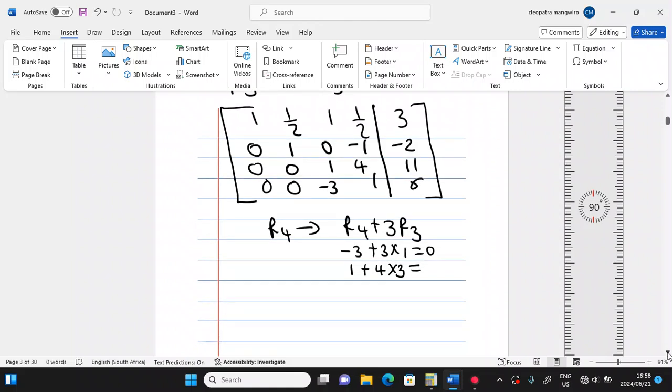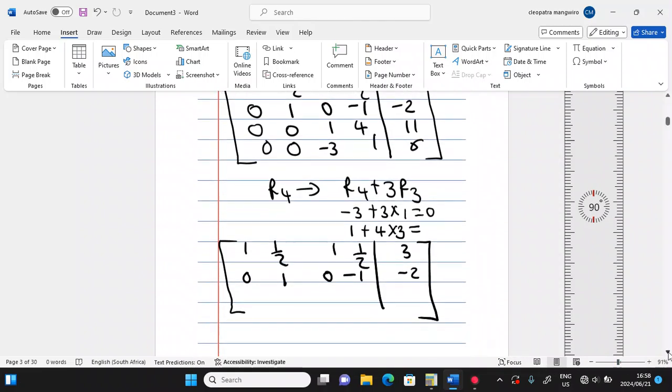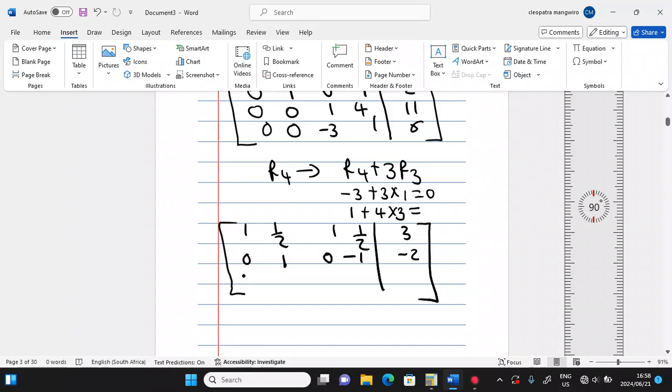So after performing my row operation, we get 1, 1 over 2, 1, 1 over 2, 3; 0, 1, 0, minus 1, minus 2; 0, 0, 1, 4, 11.